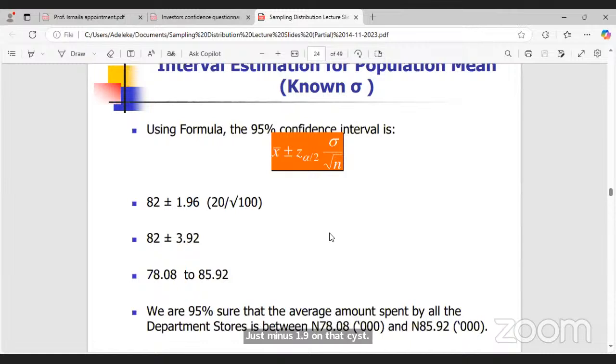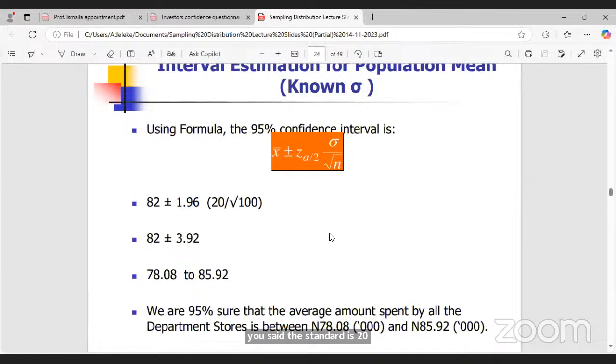So there are some hands up. Atalo, Blessing. Morning, sir. Morning, yes. Ask your question. In your solution, you are giving this standard error as 20, but in the question, there's no 20.